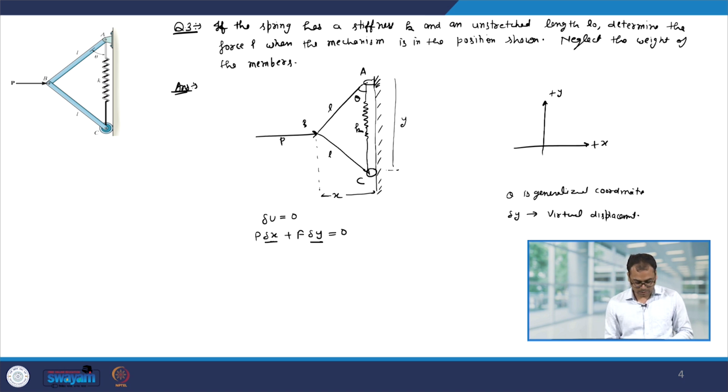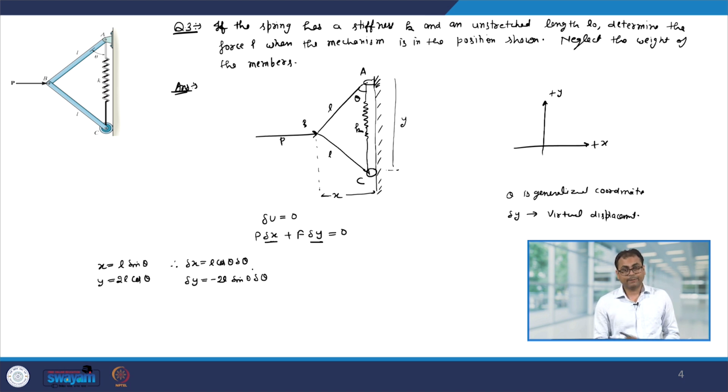From the geometry you can see that x is L sin theta and y, the way we have defined, will be 2L cos theta. Therefore, delta x is L cos theta delta theta and delta y is minus 2L sin theta delta theta.